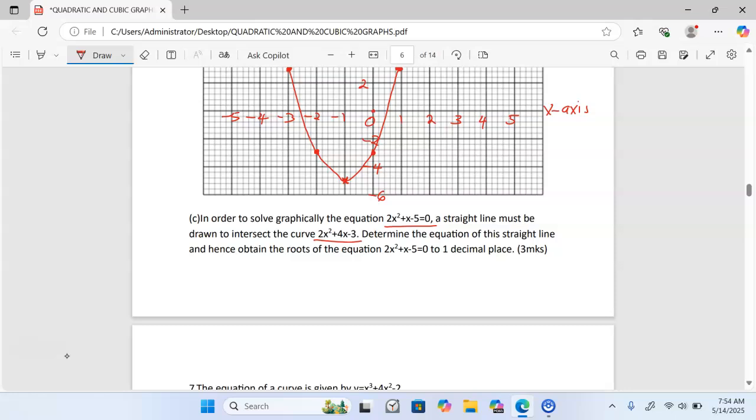This is very simple. We take the main function, which is y is equal to 2x squared plus 4x minus 3. Then we subtract the function that we are supposed to find its roots. That is 2x squared plus x minus 5 is equal to 0.